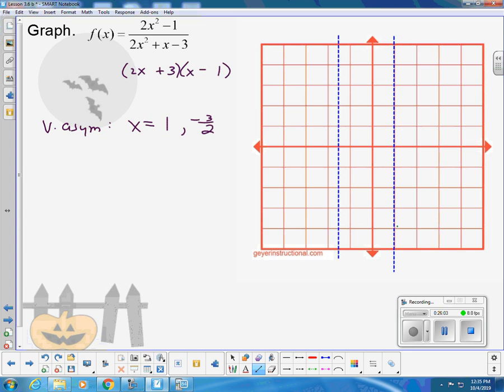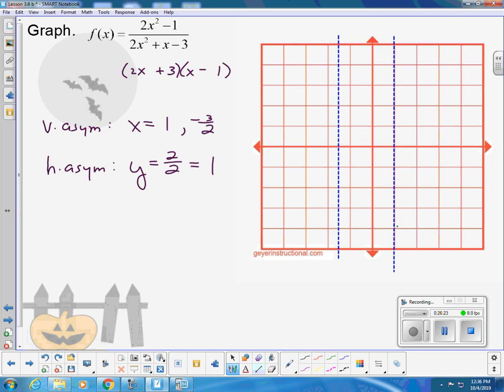Okay. Horizontal asymptotes. Look at the original function. Compare the... y equals... remember it's the coefficients, 2/2 is a 1.